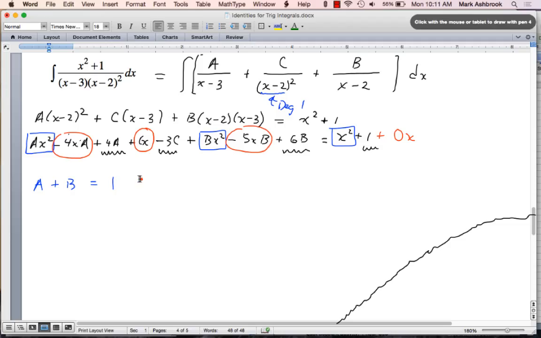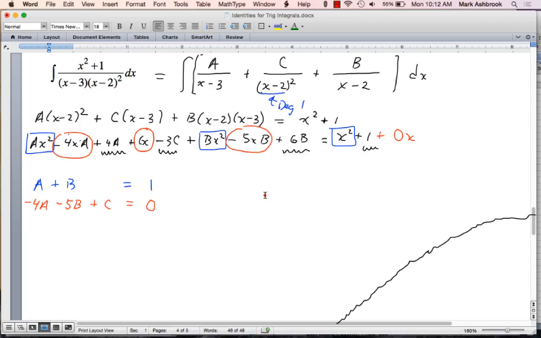Those are my reds. What do I have? Minus 4a. I should have left some room for c here. Sorry. Coefficients of x: minus 4a, minus 5b, and plus 1c, so plus c equals 0. No x's on that side.